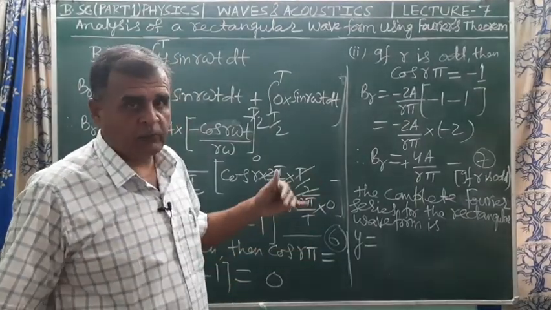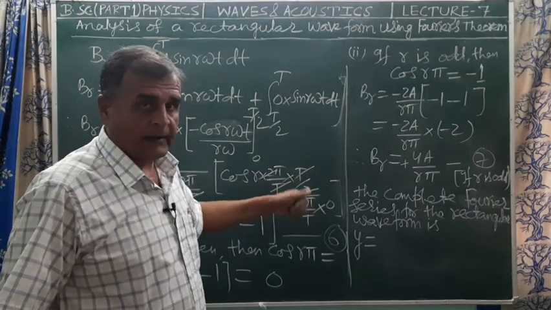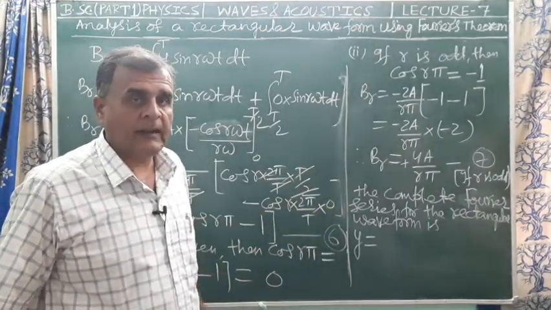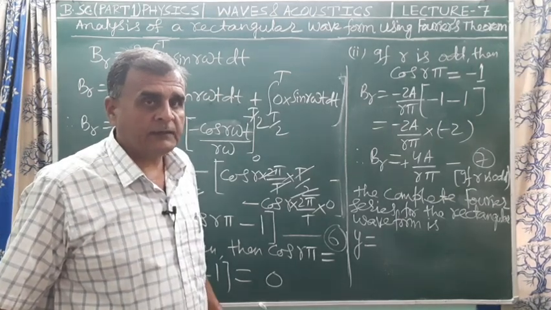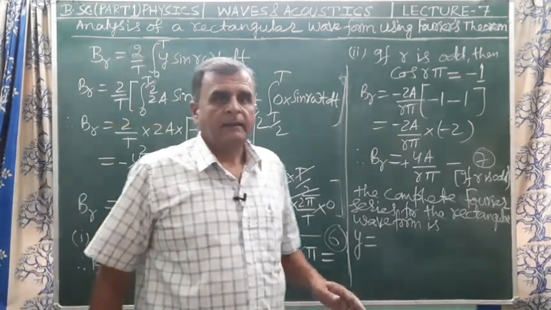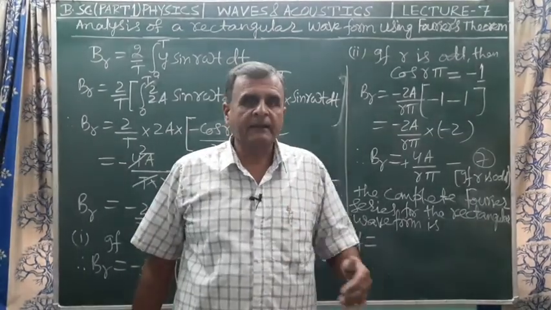We have represented the Fourier series in equation 3 already, which was y is equal to a naught plus sigma r is equal to 1 to infinity of ar cos r omega t plus br sin r omega t.